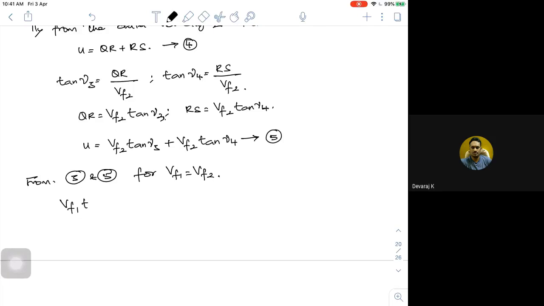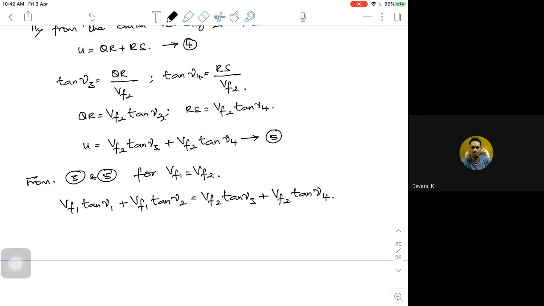Vf1 tan gamma 1 plus Vf1 tan gamma 2 is equal to Vf2 tan gamma 3 plus Vf2 tan gamma 4. Some books I have seen, instead of tan gamma 1, 2, 3, 4, they have taken tan gamma 0, 1, 2, 3.